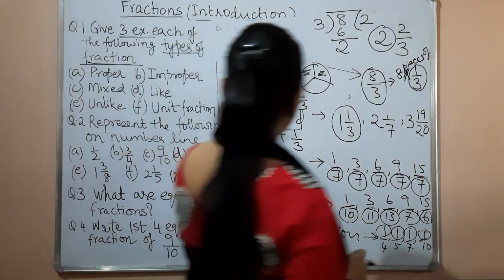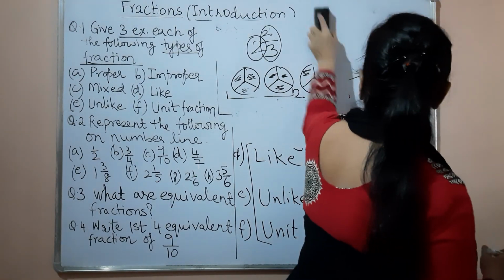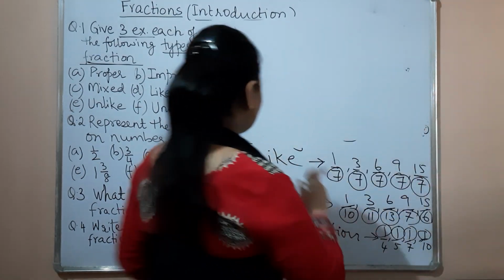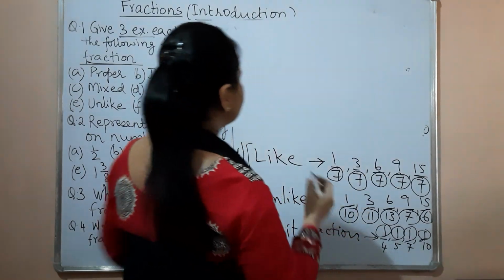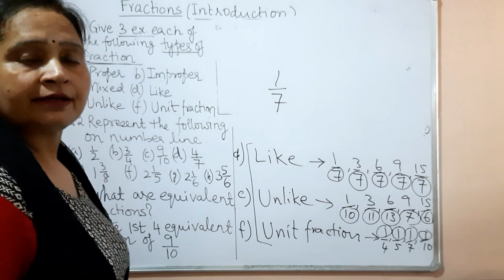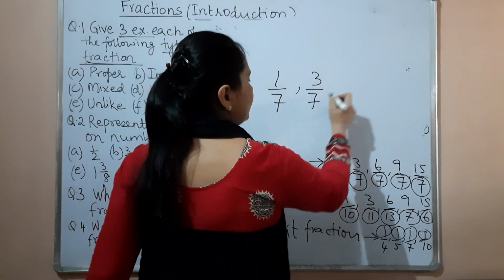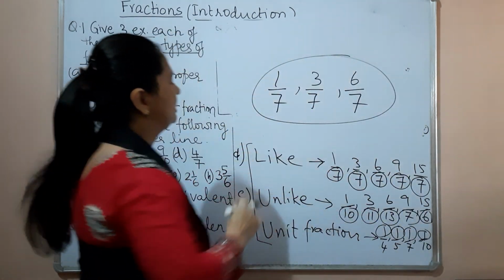Now let us come to the 3 other names, types which we have written: like, unlike and unit fraction. Here we cannot decide whether this is a like fraction on its own. What we are doing is writing a group of fractions and then deciding whether this whole group is like fractions.